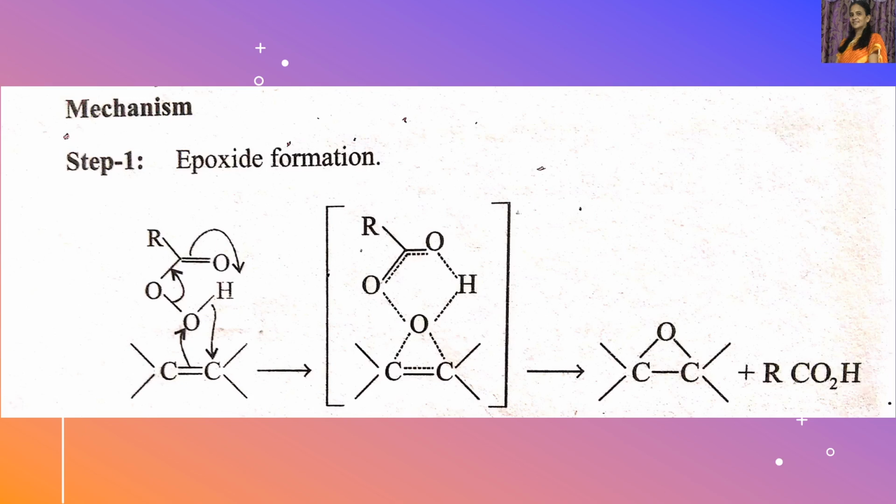So the peracid combines with the alkene to form an epoxide through a transition state, and acid is generated. So this is step 1, epoxide formation.